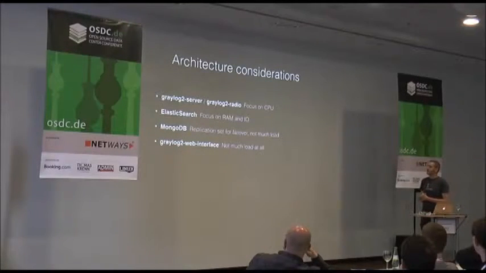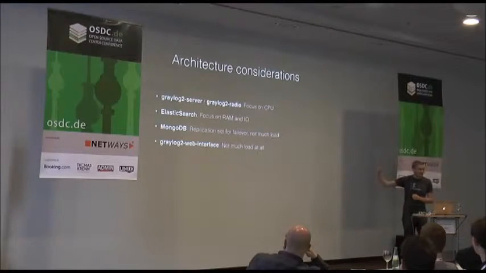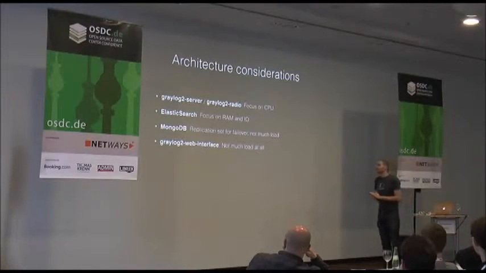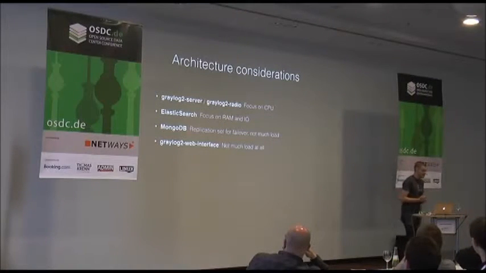When you're thinking about scaling the whole thing, this is just really rough guidelines. It always depends on what kind of messages you're sending in, but this is something that you can use to get an idea how to scale. For the Graylog2 servers and the radios, you should definitely focus on CPU. So the Graylog2 infrastructure is not very memory hungry anymore.